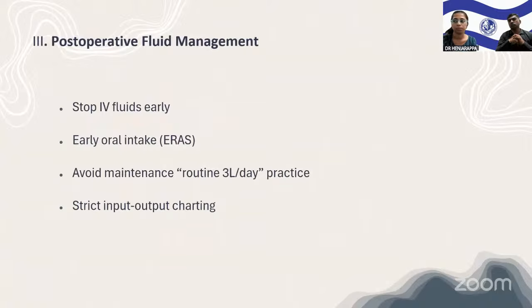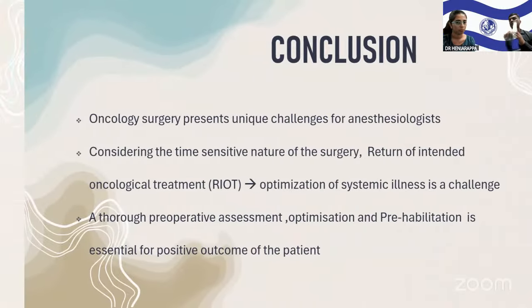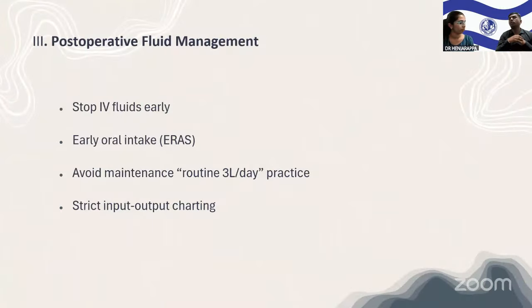So, Rakshita, you mean to say that instead of going for either a liberal fluid therapy or restrictive fluid therapy, goal-directed fluid therapy is the gold standard in fluid management in oncosurgery.